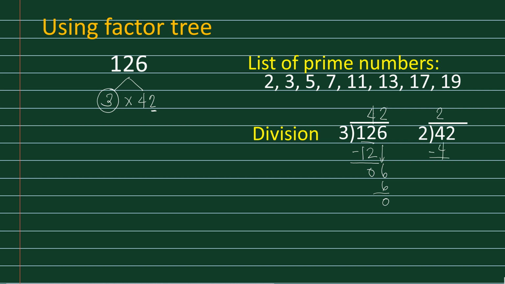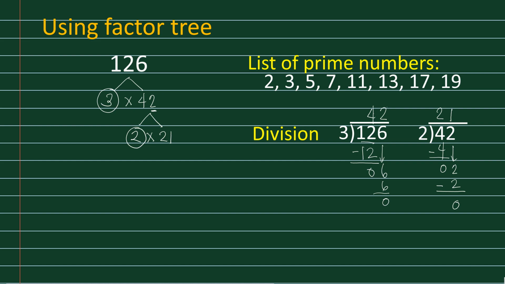So let's subtract that. You have 0. You bring down 2. 2 divided by 2 is 1. 1 times 2, that's 2. Let's subtract, that's 0. So we can split 42 into 2 times 21.